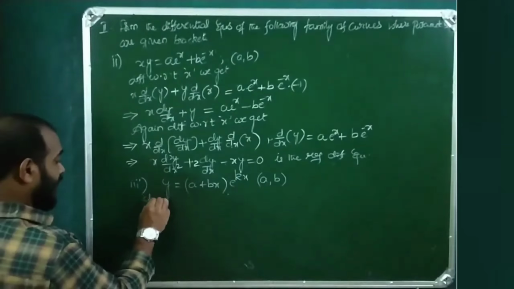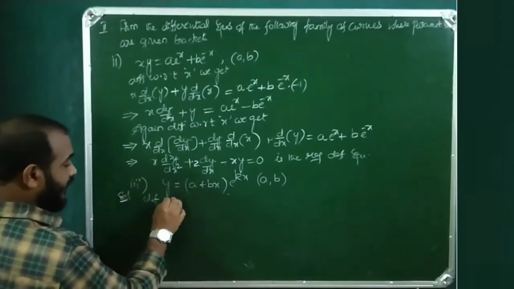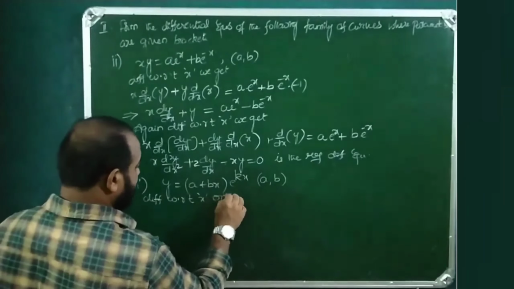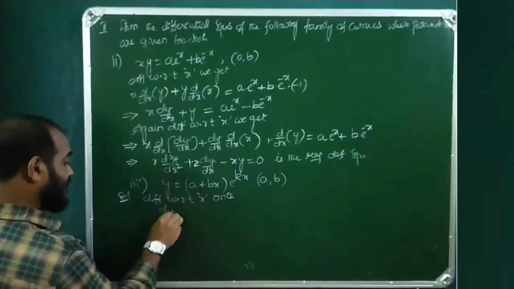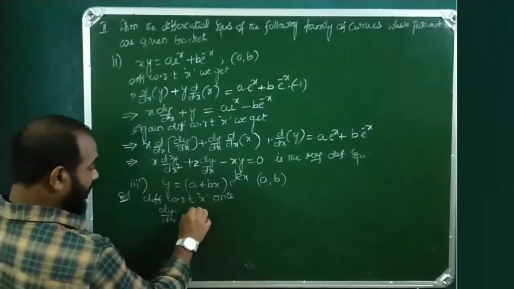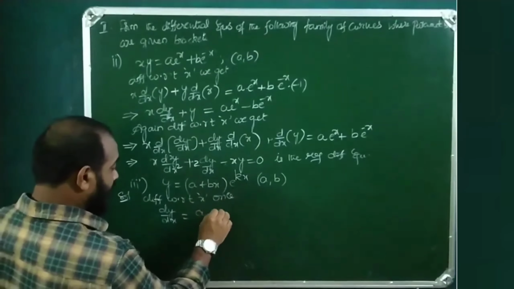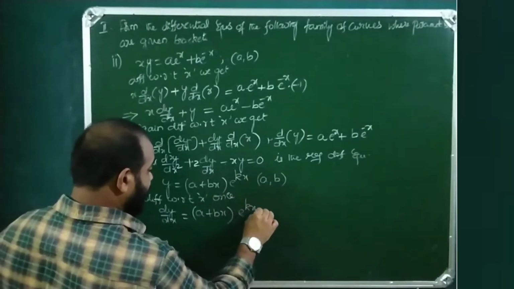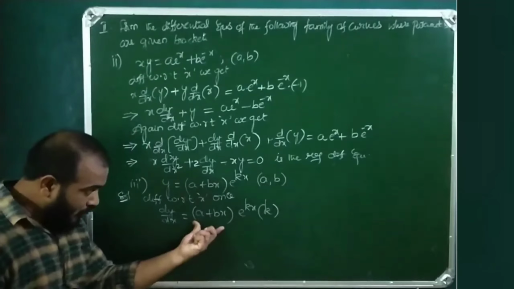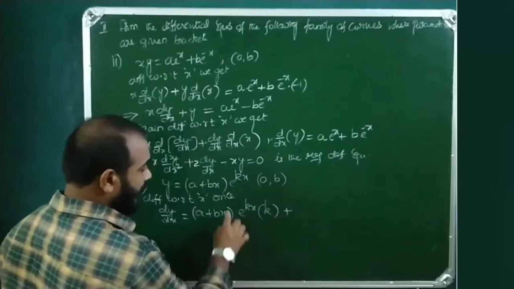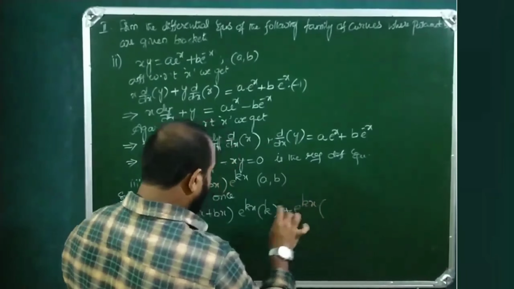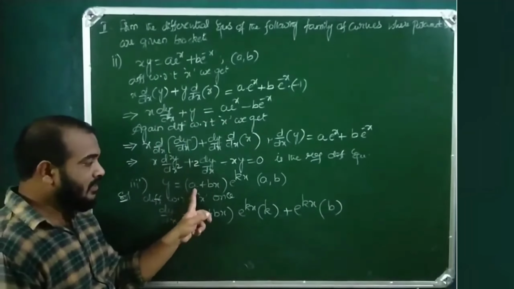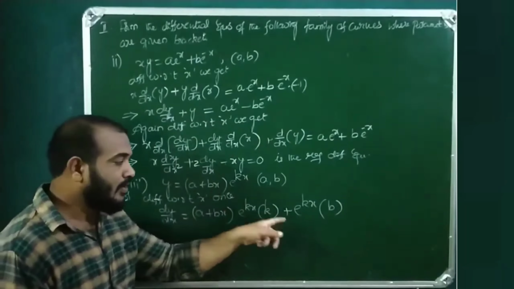Therefore, differentiating with respect to x once. So this is dy/dx is equal to, this is (a + bx) uv, (a + bx) into e^(kx), derivative is e^(kx) into k, uv' plus vu', e^(kx) into derivative of a + bx, which is b. a derivative is 0 constant, bx derivative b into d/dx of x, b into 1.